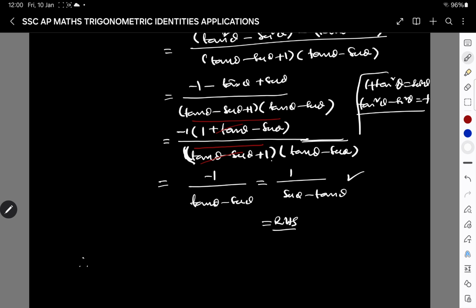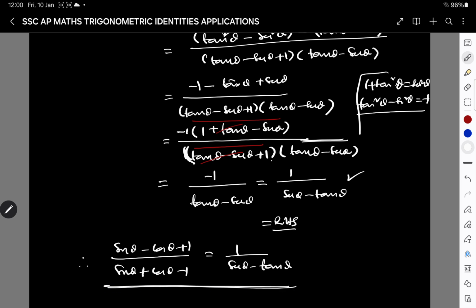Therefore, what did you prove? You proved that sin theta minus cos theta plus 1 by sin theta plus cos theta minus 1 is equal to 1 by secant theta minus tan theta. This is how you are able to prove it, a simple technique.